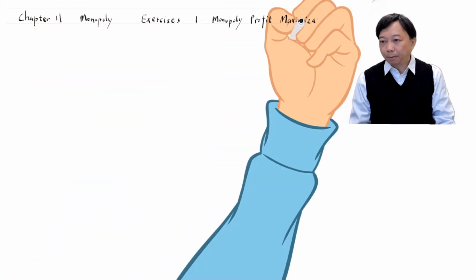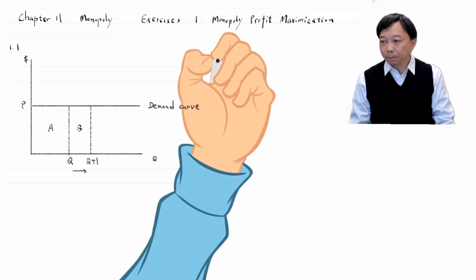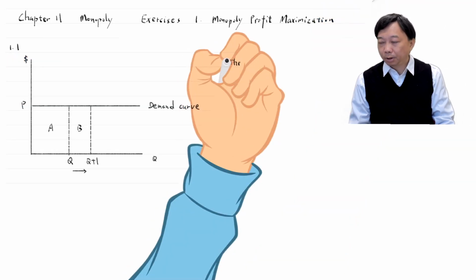The competitive firm faces a horizontal demand curve, as shown in the graph.